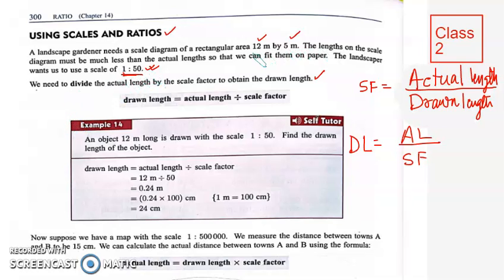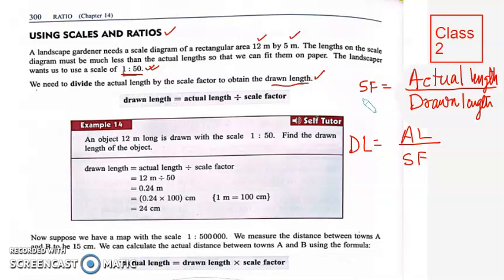So the meaning is the actual length is 12 meters by 5 meters on the ground, and he has to draw the map of this on paper, and he has to use a scale of 1:50. We need to divide the actual length by the scale factor to obtain the drawn length.